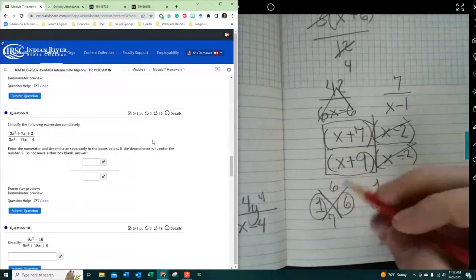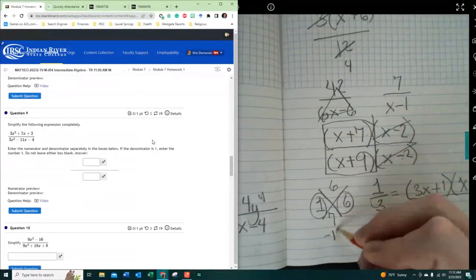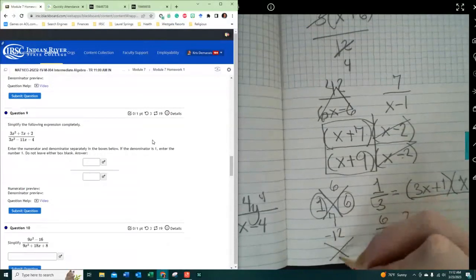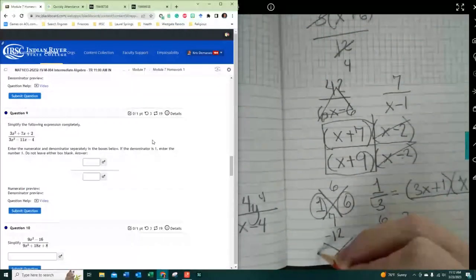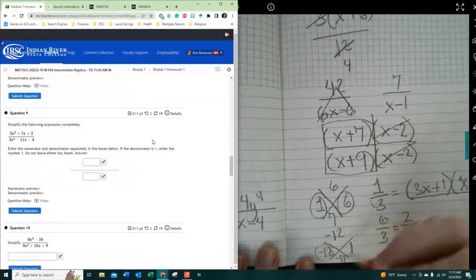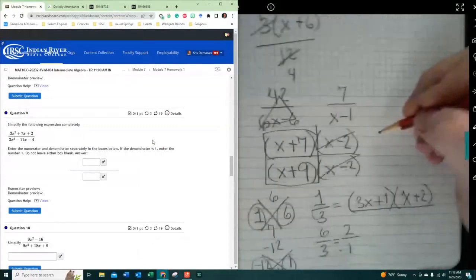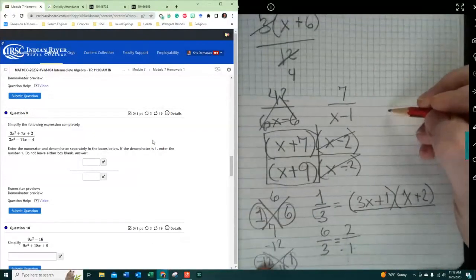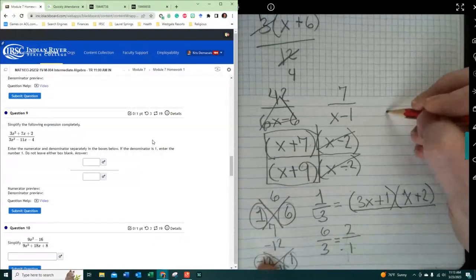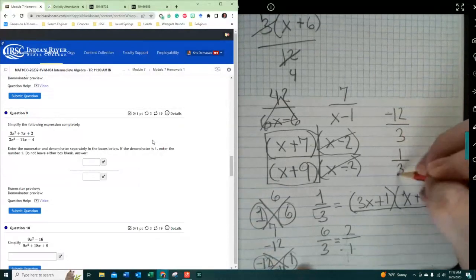We do the same exact thing for the denominator. We're going to do 3 times -4 is -12. And then I have a -11. So it's going to be -12 times 1 gives me -12 that adds up to -11. So I circle my two numbers here, and then I'm going to write them down as fractions, and I'm going to steal some of the space over here. So I'm going to put the -12 over our leading coefficient of 3, and I'm going to put the 1 over the 3.